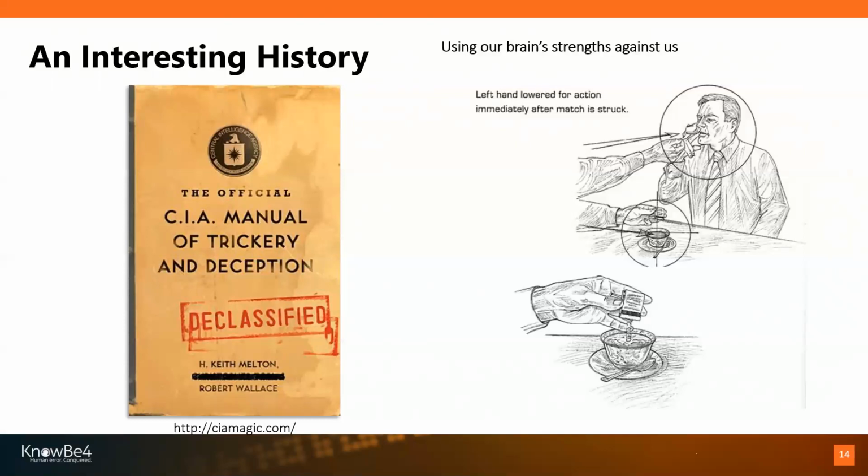So in here, they're talking about how while that's going on, you can, with your other hand, drop something in their drink, or you can do something like that. I can tell you right now, if I'm focusing on a flame in front of my face, they could probably clear the table, and I would never know. So this is another example of how we can take something and get you hyper-focused on one thing or another, and then perform a different action at the same time.